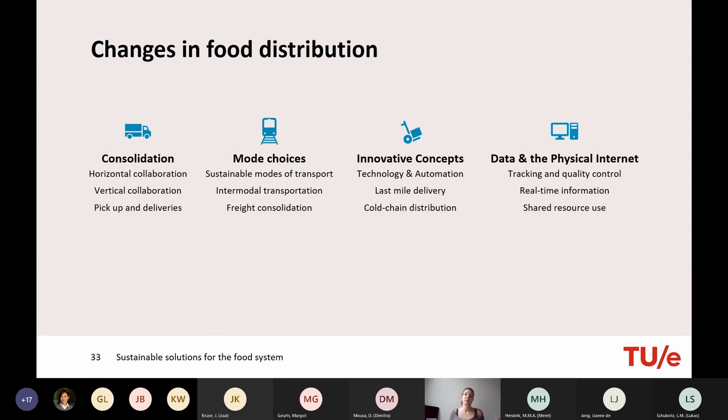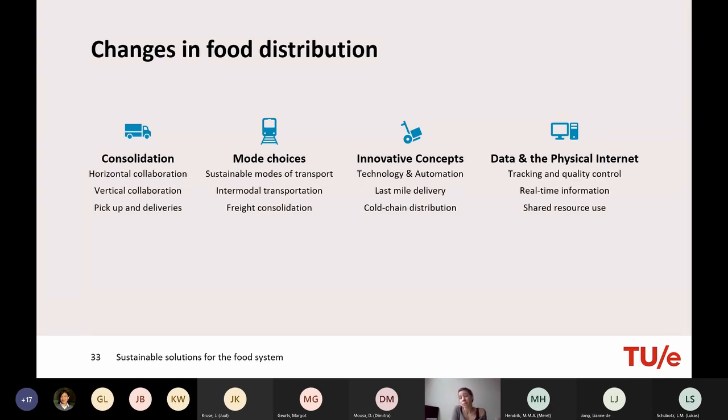So instead of just doing everything by truck, we change transportation mode a couple of times. And by doing this, we actually get a better environmental impact. And again, here we can also consolidate freight so that we don't have to have 100 different trucks, but we just put everything on a boat, and that's cheaper and maybe more environmentally friendly.